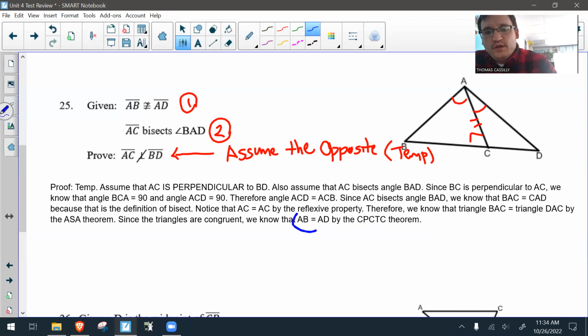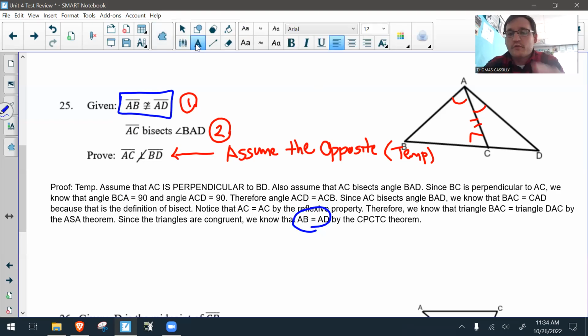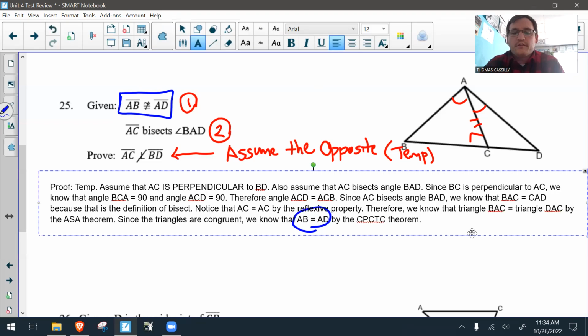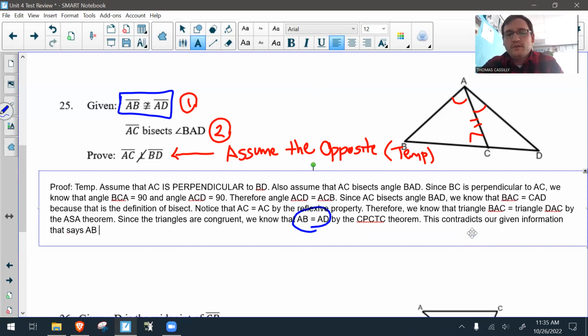So we just said AB is equal to AD. But if you look at our given information, the given information says that those are not congruent. So this is a contradiction. Those are two things that are saying the exact opposite. This contradicts our given information that says AB is not congruent to AD.